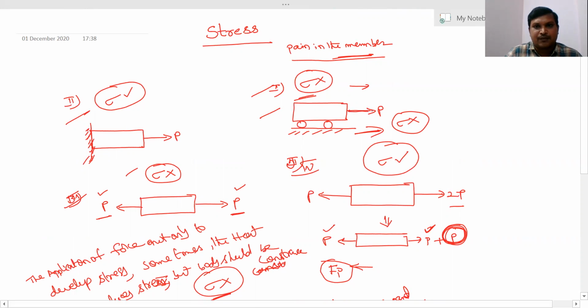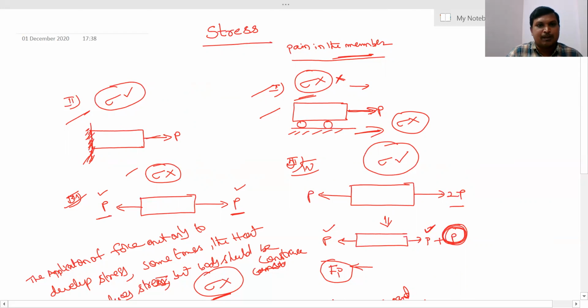When you apply the force P on the left side, the body will move freely. There is no constraint, therefore no stress is developed. Whenever the body moves freely, there is no strain in the member. In the second case, the body on the left side is constrained.